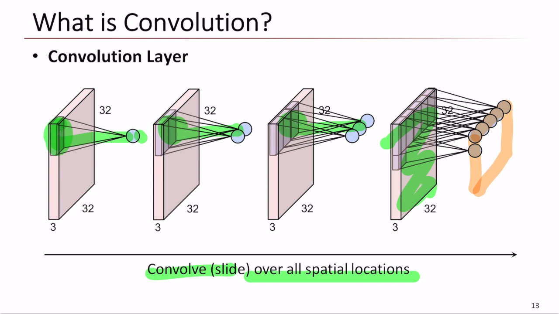Each value determines each hidden node. That's the convolution layer. This is one convolution layer.